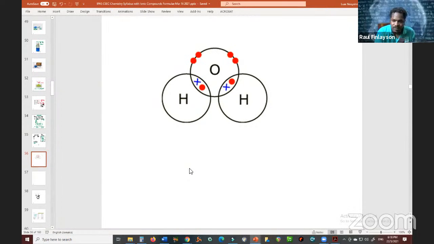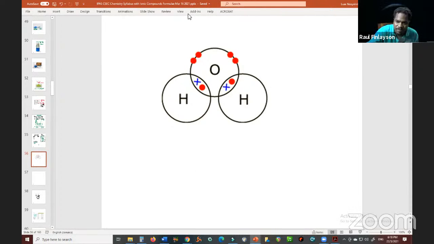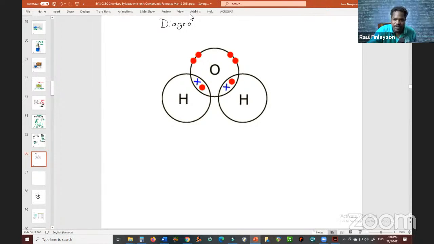Circles overlapping in bonding diagrams like this means that electrons are being shared. Everybody hear that? Yes, sir. All right. So when you look at a diagram, this is a diagram showing the covalent bonding in water.